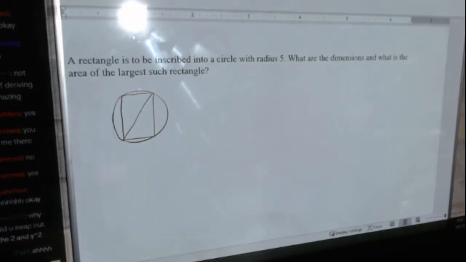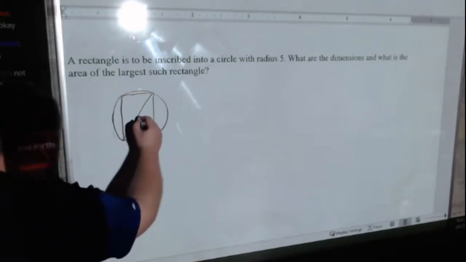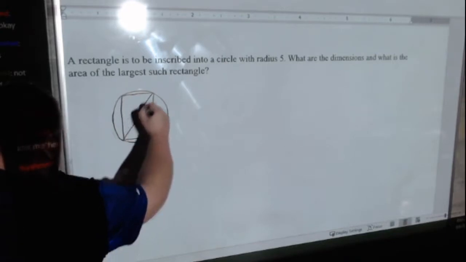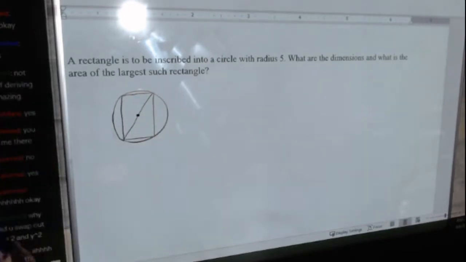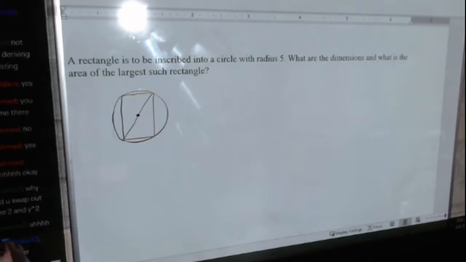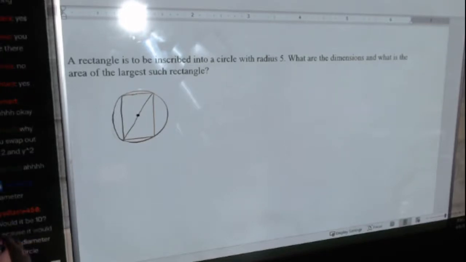So I'm anxiously waiting over here to see what your guys' responses are. So recall the radius is from the center out to the side. So what is that length that I just created? Right, the diameter, or 2 times the radius. So yeah, it would be 10.